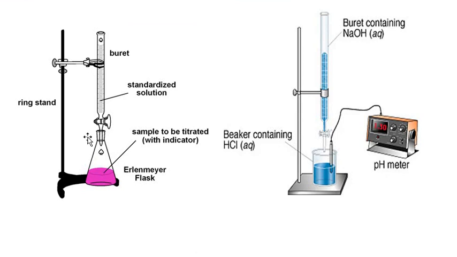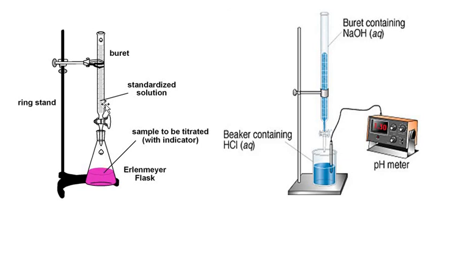This is a titration process in which a chemical reaction occurs between this solution, which may be an acid, and this solution, which may be a base. One of the two solutions is a standard solution, and the other solution is of unknown concentration.